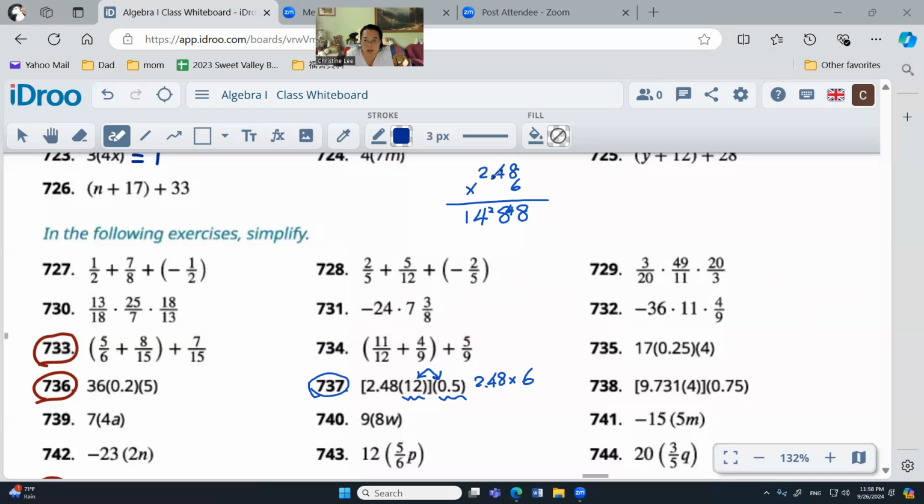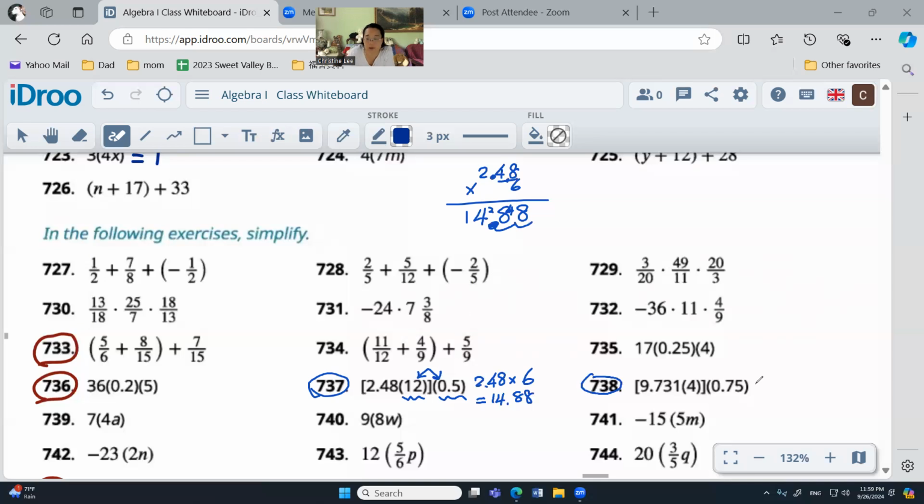There are 2 digits after the dot, 2 places on the right side. So that's why you go 1, 2. Put the dot here. Your answer is 14.88.